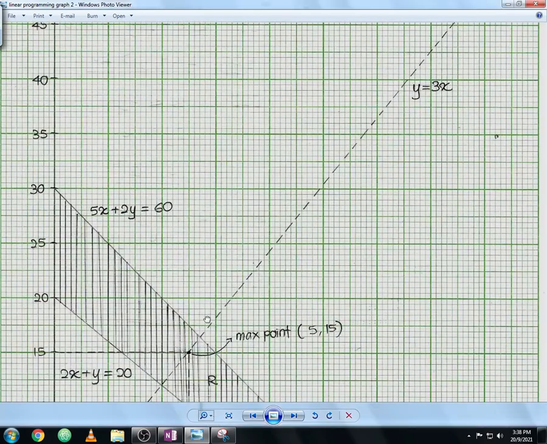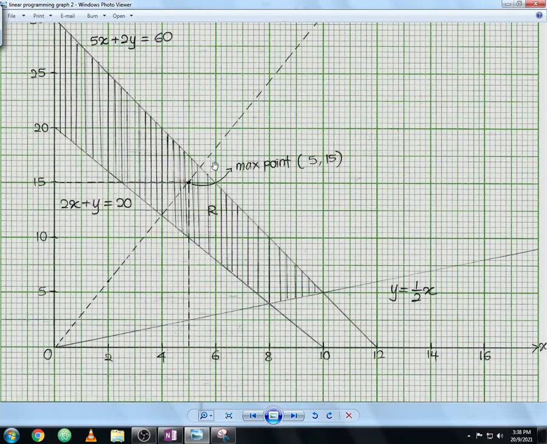Let me zoom in and show you clearly why it is 5, 15. This is your x-axis, which is the 5 of bats A and 15 of bats B. If you wish to move further, you can, but you will end up getting a decimal value of bats, which in reality is impossible.